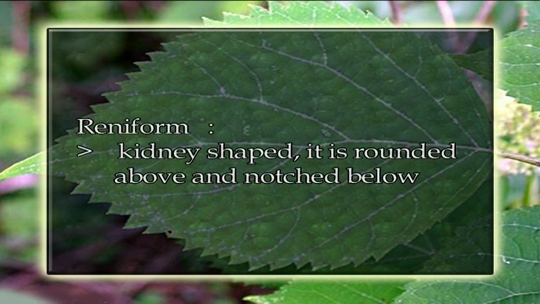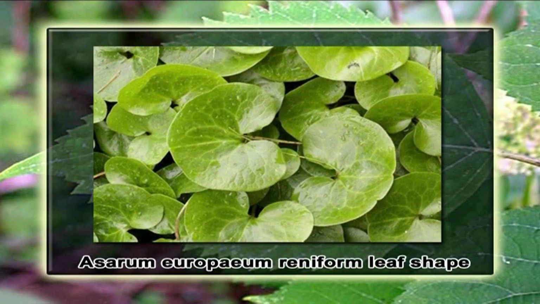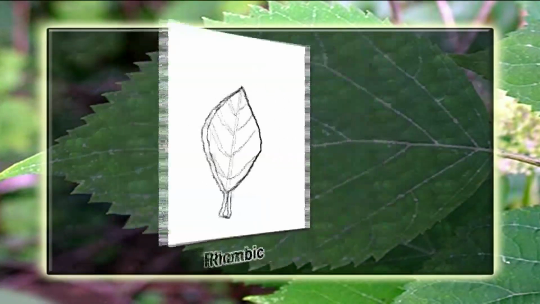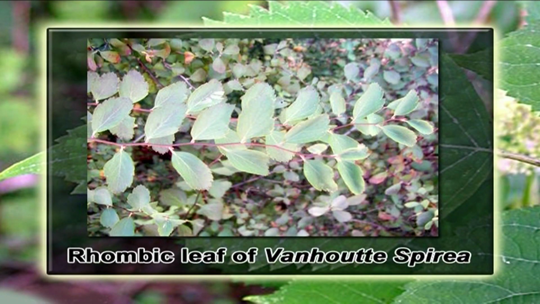It is rounded above and notched below, for example, Typhonium diversifolium, Indian pennywort, Asarum europaeum. Then rhombic, diamond shaped, with 4 sides, petiole attached at one of the corners, for example, Vanhoutte spirea.